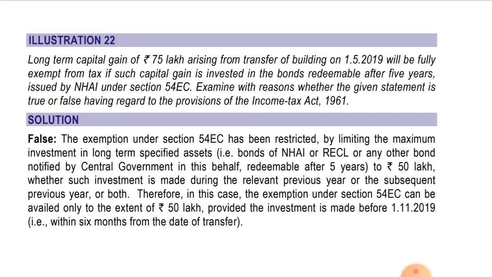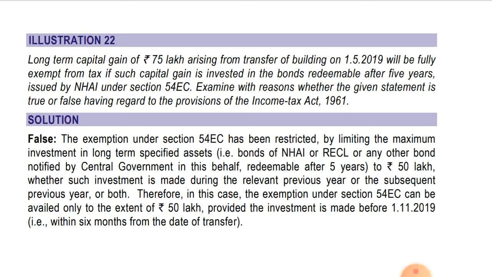So answer, it's false. The exemption under section 54EC has been restricted by limiting the maximum investment in the long-term specified asset, that is bond of NHAI or RECL or any other bond notified by the government in this behalf, redeemable after 5 years, to 50 lakhs, whether such investment is made during the relevant previous year or the subsequent previous year or both.